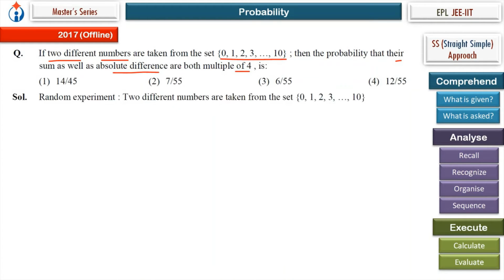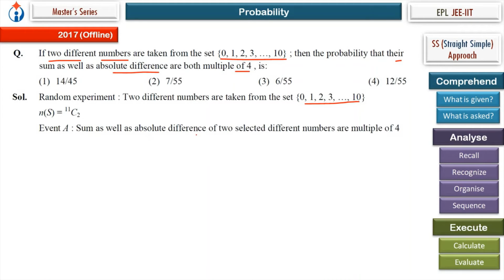So the random experiment is, two different numbers are taken out of these 11 numbers. n(S) will be 11C2. Now the event is that the sum as well as absolute difference of the two selected different numbers are multiples of 4 out of these 11 numbers.